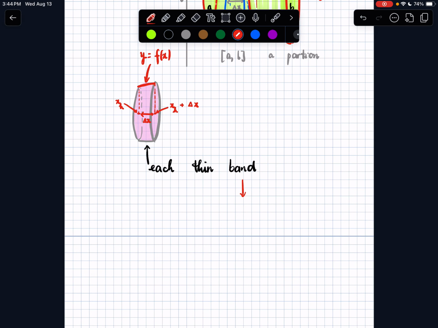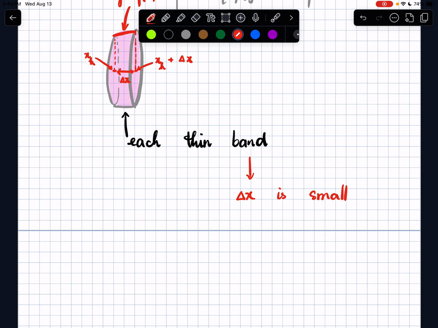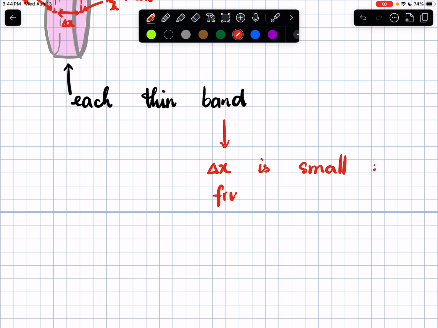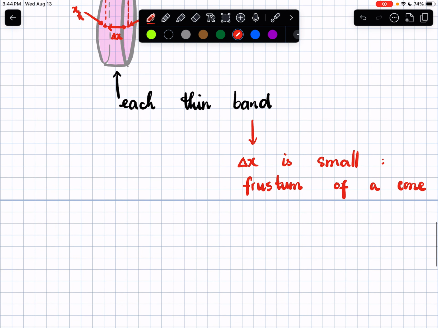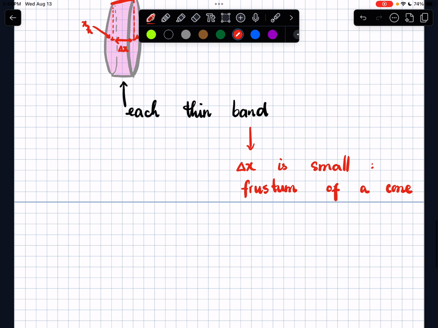When delta x is small, the band is a frustum of a cone. So the frustum of a cone is, for example, this is a cone.